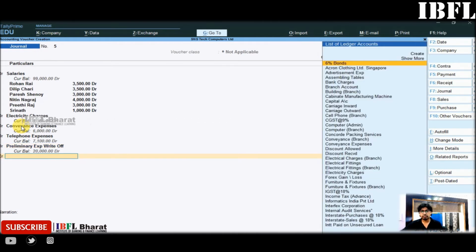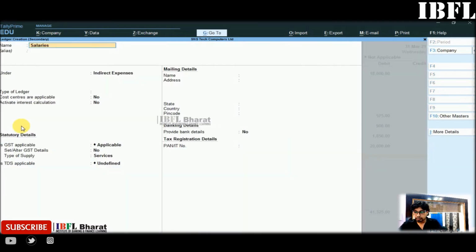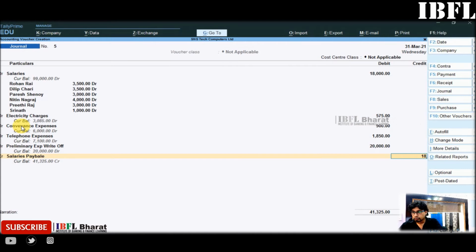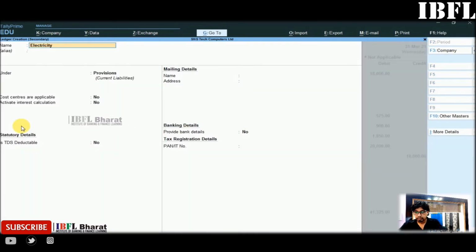Now all these expenses will be adjusted with the salaries payable account, like the electric charges payable account and the conveyance expense payable account. So we will prepare some ledgers. Again, Alt C, salaries payable under provisions. This amount is 18,000 rupees. Next is electricity charges payable account, under provisions.